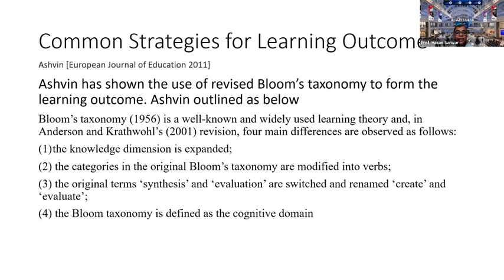The knowledge dimension is expanded, and the categories in the original Bloom's taxonomy are modified into verbs. The original terms were synthesis and evaluation, but they have been switched and renamed as create and evaluate. So all verbs have been used in the revised Bloom's taxonomy. And the Bloom taxonomy is defined as the cognitive domain as well.